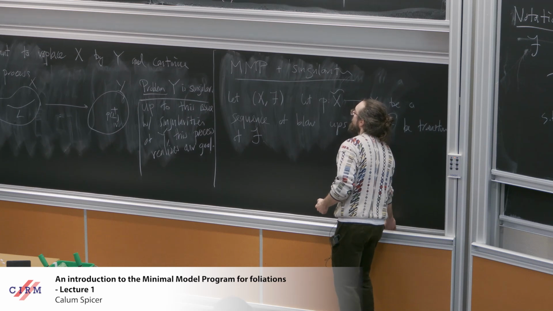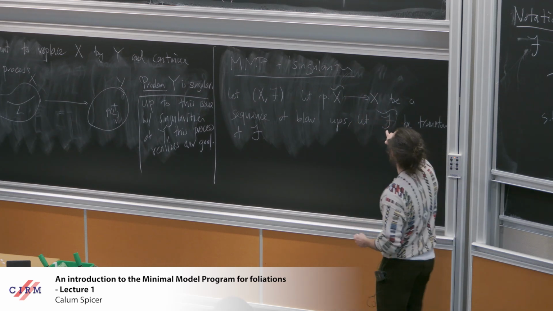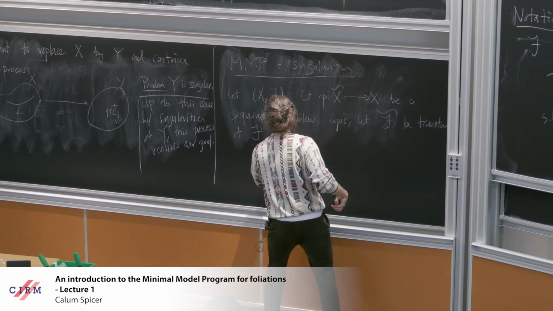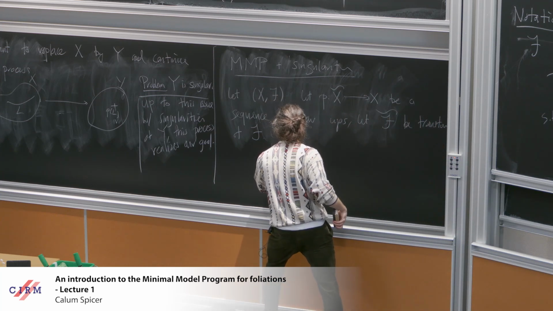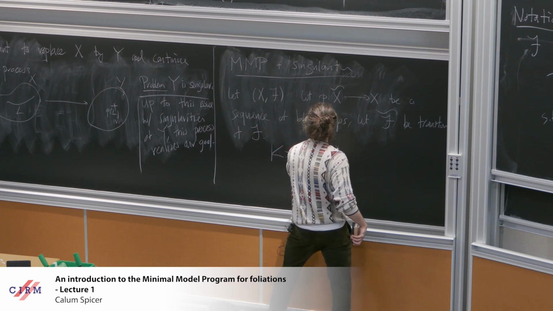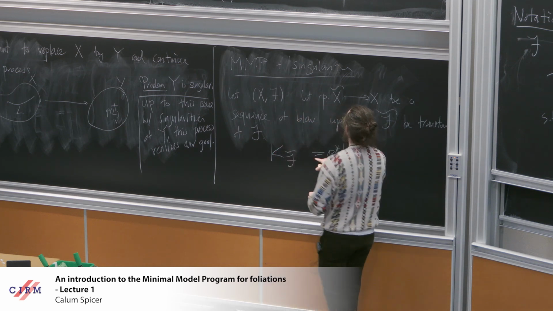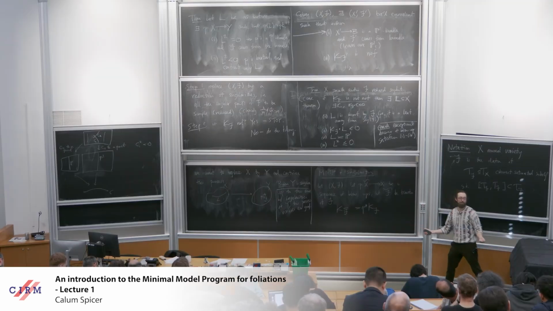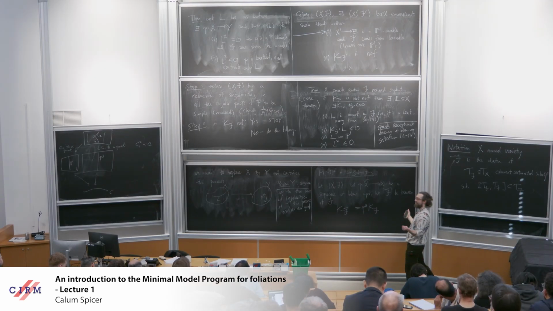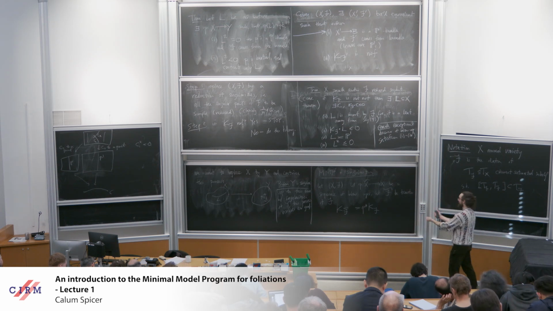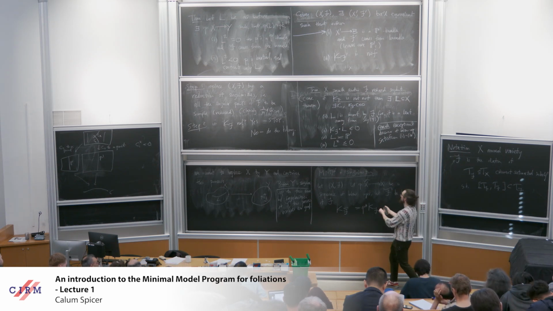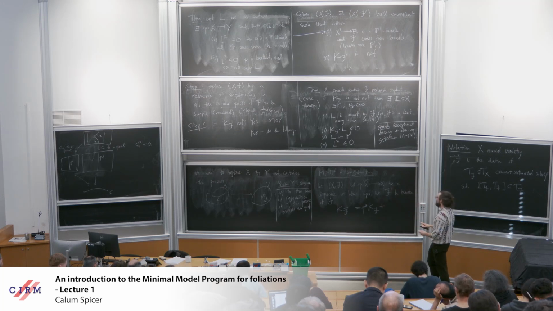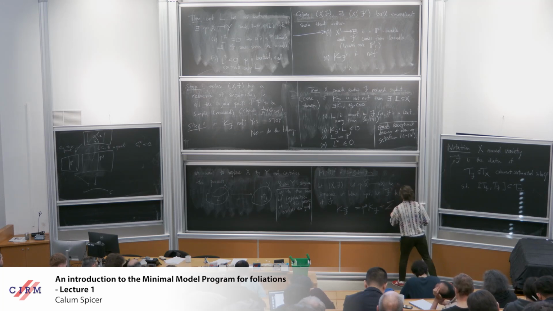Well, we know that these two foliations are completely isomorphic outside of the exceptional locus. So what it tells us is that K_F tilde and K_F away from the exceptional locus have to be the same thing because it's the canonical divisor associated to something, but it's the same thing, so they have to be the same away from the exceptional locus. In other words, they can only differ on some divisors which are P-exceptional.